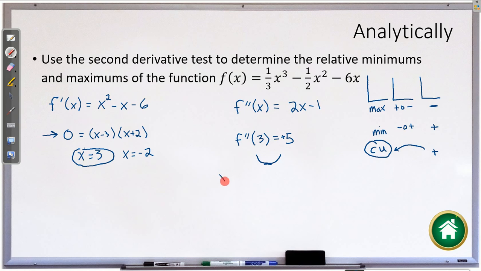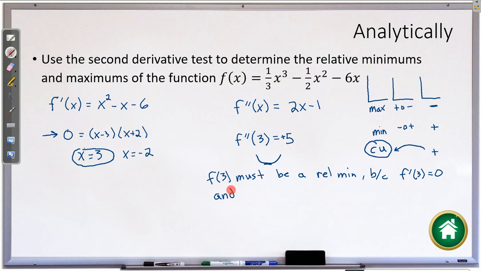Let me rewrite that. I'll actually put the function at 3. F at 3 must be a relative min, because the first thing I know is that f prime at 3 is equal to 0. That means we have a flat spot.